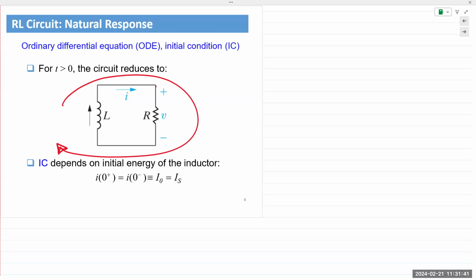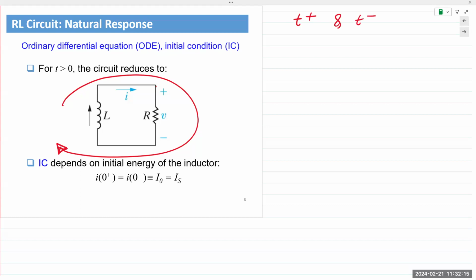So now it is our job to establish the value of the initial starting current. The initial starting current, in this case, depends on the maximum charged value. So here's where the concept comes in. We know that the current through an inductor and the voltage across a capacitor cannot change instantaneously. So here we use the concept of t plus and t minus.